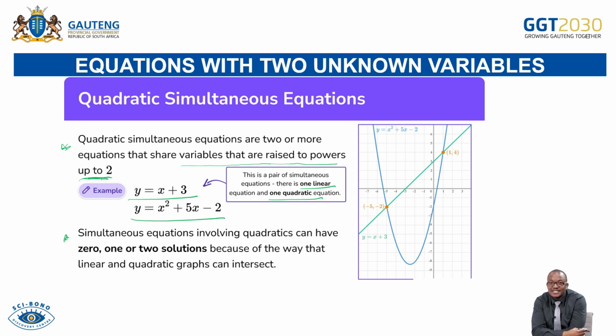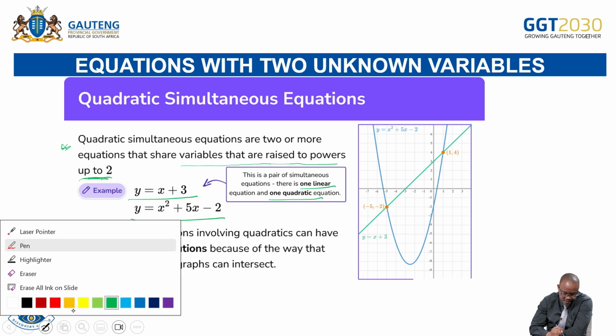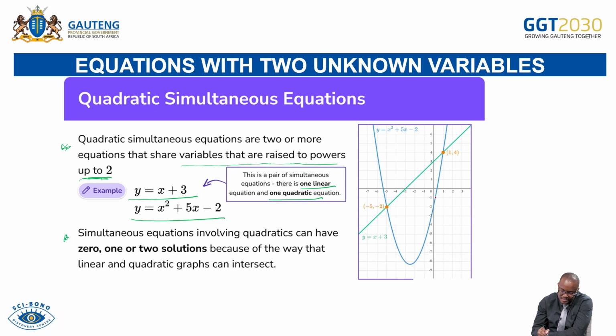So now it basically tells us that the minute you have a quadratic graph, the blue graph there, and you also have this green graph, there are cases whereby it can intersect twice, like this one, then you are going to have 2 solutions. There is a case where it can intersect once, or it doesn't intersect at all.